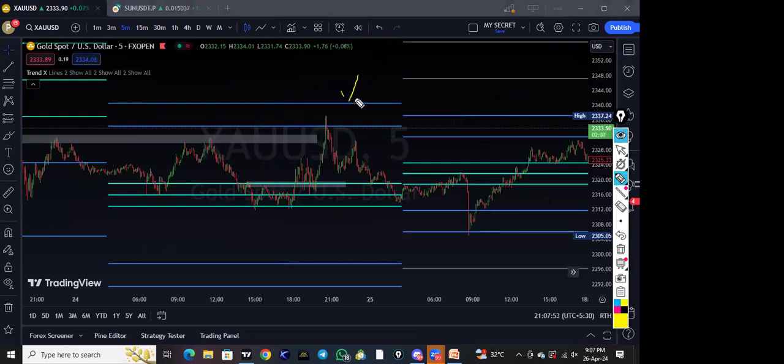Near R1 or previous day high. Which is our target? Next day S1. This is S1. See, this move I got. This is huge, trust me. If I take a very small 0.10 lot, I'll get $300.